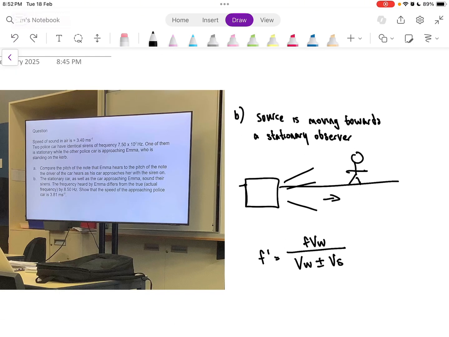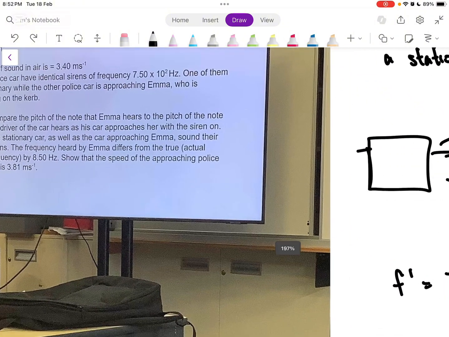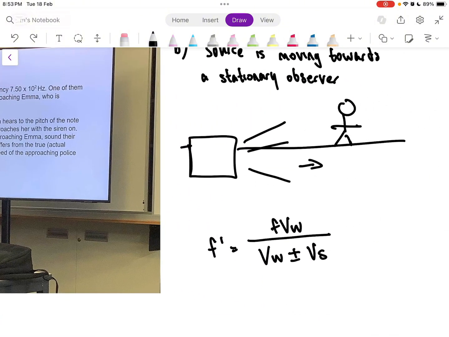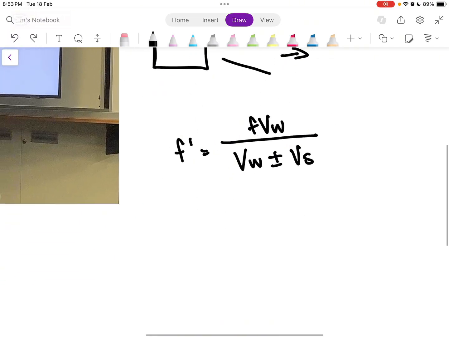So in this case, because the car is moving towards the observer, the denominator, this plus or minus, it uses minus because it's approaching. So if the car is approaching the observer, then you'll have to use a negative sign in the denominator.